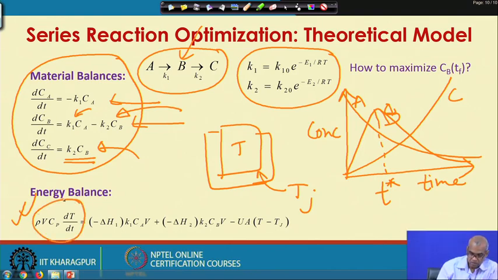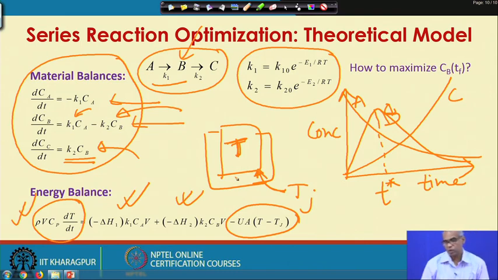This is the rate of change of temperature within the reactor, which is related to the energy input due to reaction A to B, energy input due to reaction B to C, and energy out due to heat exchange between the reactor fluid temperature T and the cooling water in the jacket whose temperature is Tj.